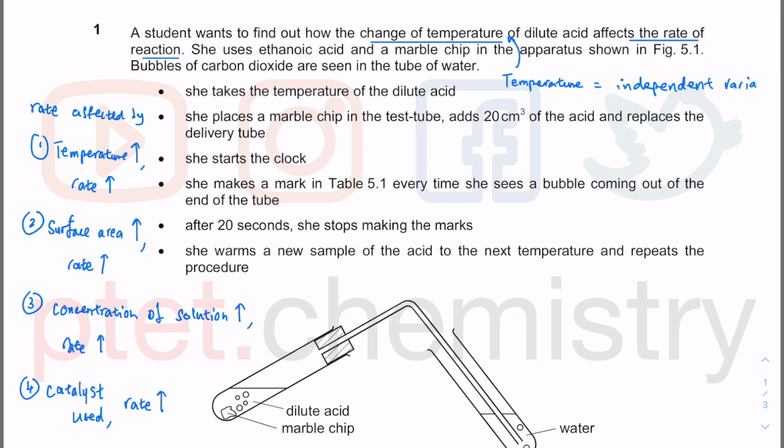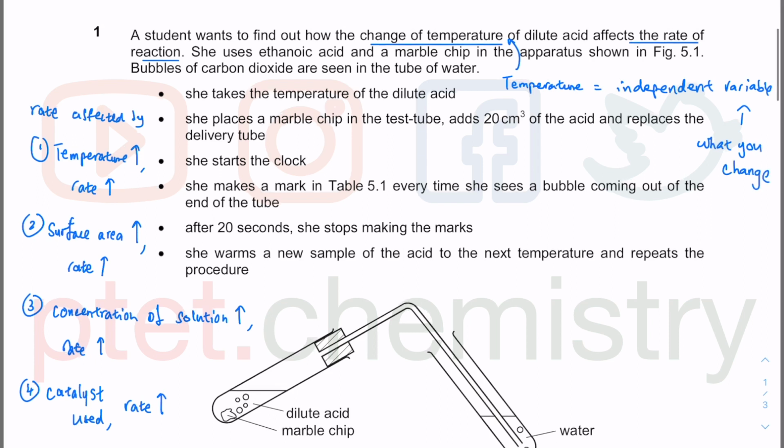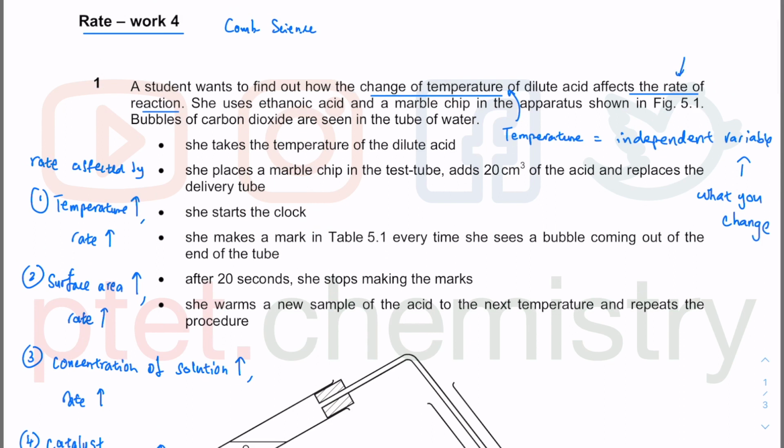What you change in an experiment is what you call the independent variable, and what you are measuring is the rate of reaction. Actually, what you measure is not the rate of reaction, but the time taken for the reaction. So you are measuring the dependent variable, which in this case is time, and you can relate that to rate, because rate is related to 1 over time.